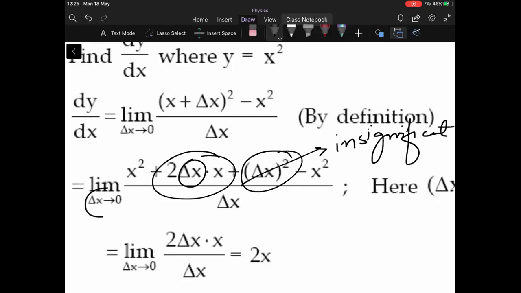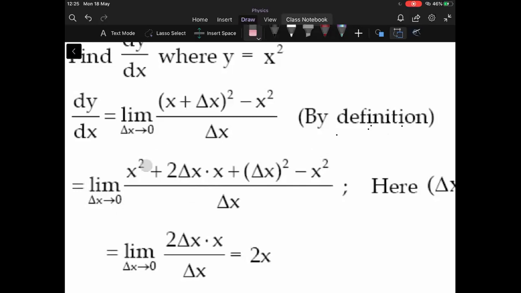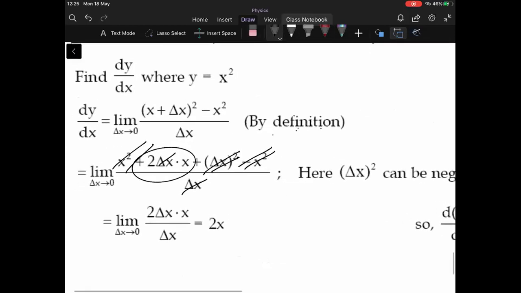Why? Because delta x is tending to 0. So if delta x is tending to 0, this value cancels out with this, neglecting this term. Now you are only left with 2x delta x upon delta x. This delta x and this delta x will cancel out. And now you are left with only 2x.